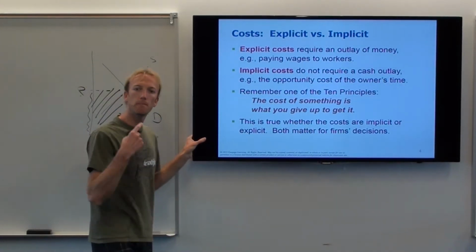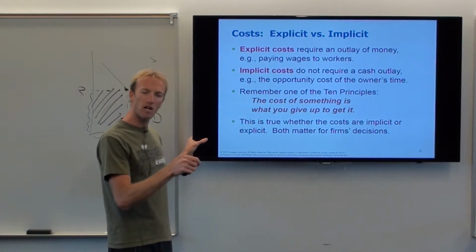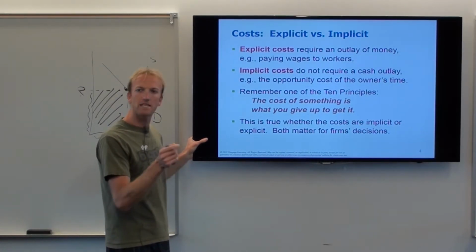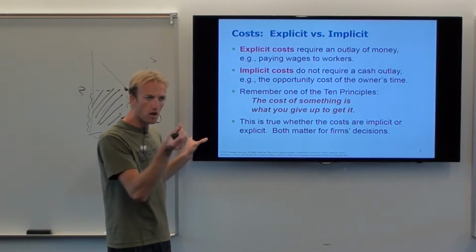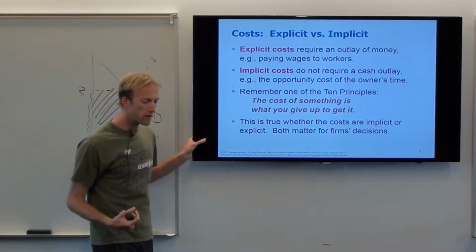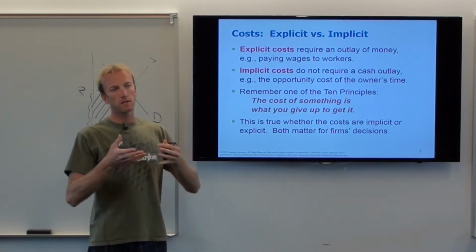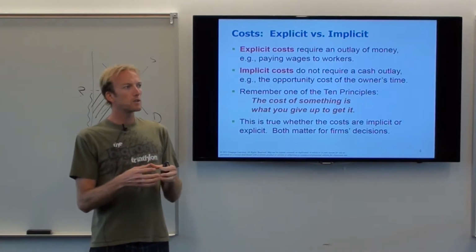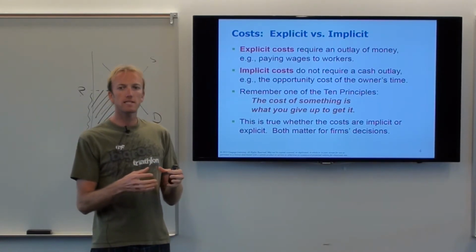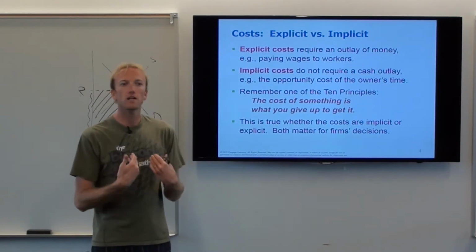Okay? Now, one of the main errors that people can make when they calculate how much it costs to produce a good is they just look at the actual dollars that were paid out. For example, I have a friend of mine who is a cupcake maker. He's actually a baker, but he can make cupcakes. And so he was trying to figure out, well, if I'm going to sell these cupcakes to this big store, how much does it cost me to make them?